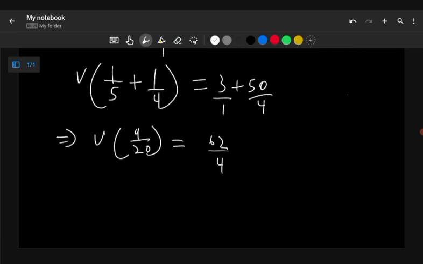So then V would equal 62 divided by 4 into 20 divided by 9. 4 and 20 will cross off.